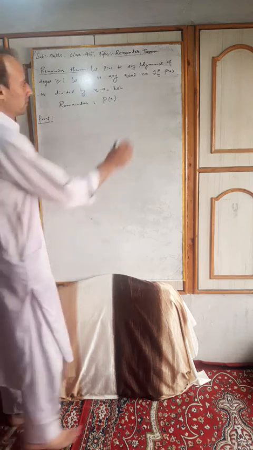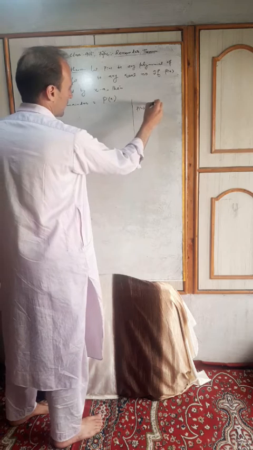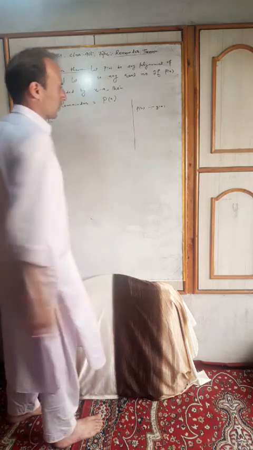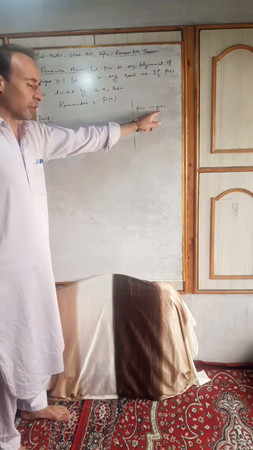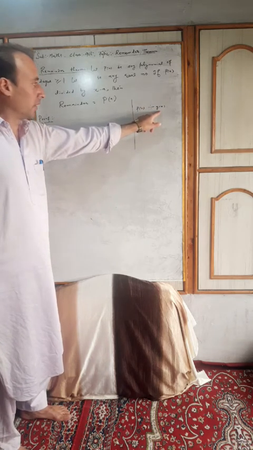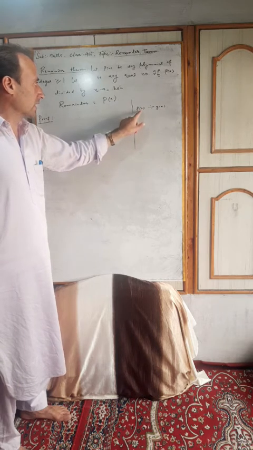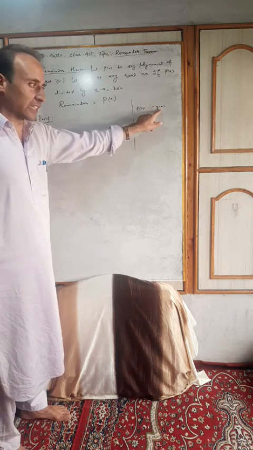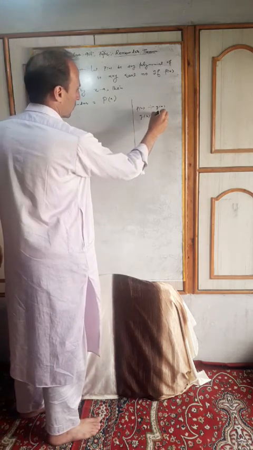When we divide the polynomial p of x by g of x, for example, p of x will be divided by the polynomial g of x if the degree of p of x is greater than or equal to g of x, and the polynomial g of x should not be equal to 0.